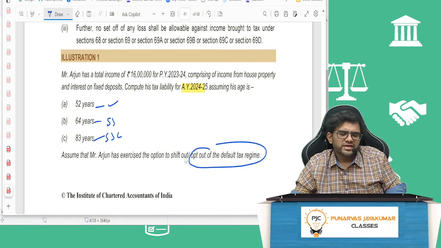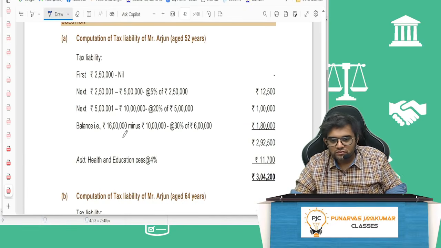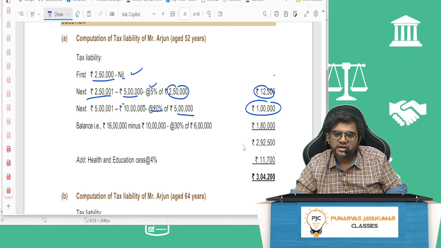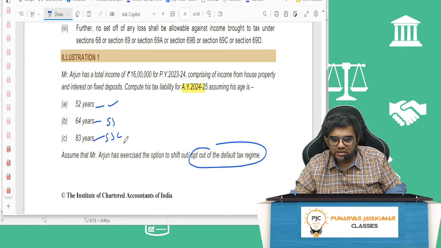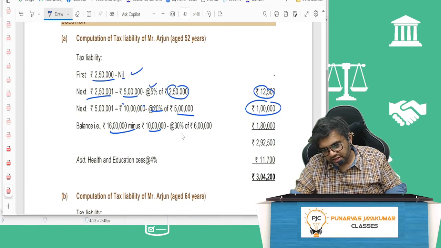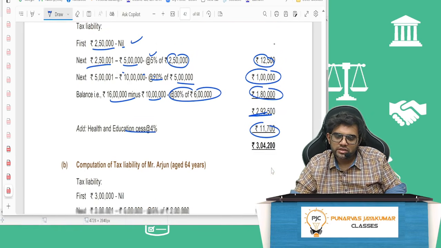Opting out of the default tax means normal rates. 2,50,000 nil. 2,50,000 to 5 lakh, 5% of 2,50,000, 12,500. 5 lakh to 10 lakh at 20%, 1 lakh. And he's earning 16 lakh annual income, so that extra 6 lakh, 16 minus 10, 6 lakh at 30%, 1 lakh 80,000. Add cess at 4%, 11,500. Overall 3 lakh 4,000.